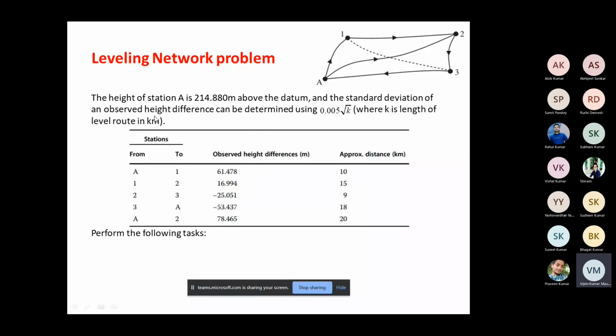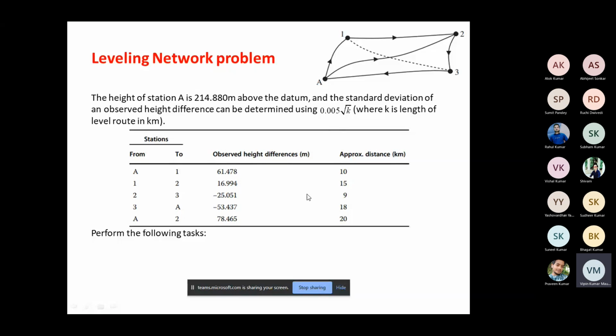The height of station A is given. It is 214.880 meter above the datum. And the standard deviation of an observed height difference, since we are observing height differences, will be 0.005 under root k, where k is the length of the level route, meaning the distance between 2 points.